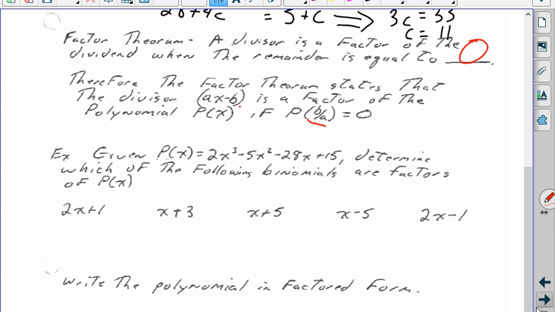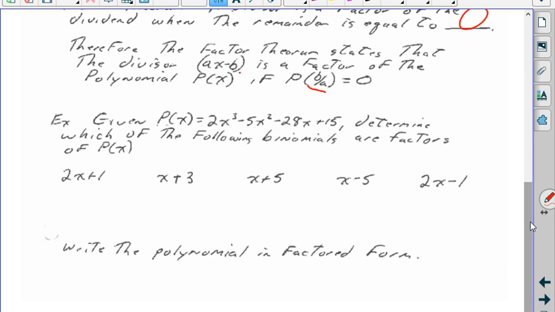So we want to know if these guys are factors. And there are 3 of them which are factors. Now in this case, p at negative 1/2. And I'm going to show you a shortcut for this in a minute.